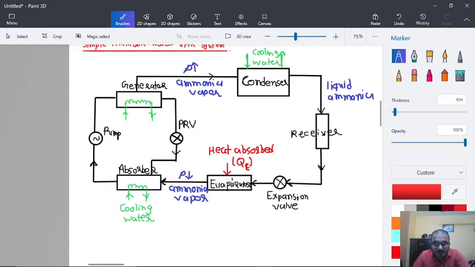Obviously, evaporator absorbs the heat from the products which we need to cool. In absorber, here heat is rejected to cooling water. So here we have heat rejection QA.